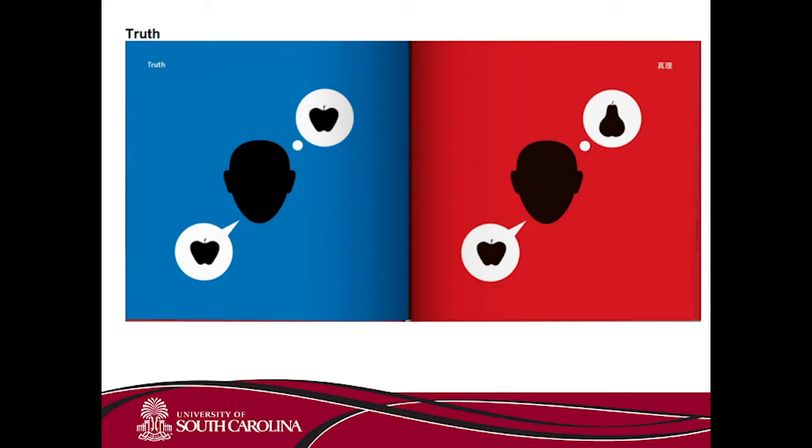This one here talks about the topic of truth. On the left, the person is thinking apples, speaking apples. The person on the right is thinking pears, speaking apples. Now, when I first saw this, I thought, well, I don't think that I've had a lot of experience with Chinese students lying to me. In fact, they are bluntly honest sometimes. But what I understand from this picture is that in the West, we are told, say what's on your mind.